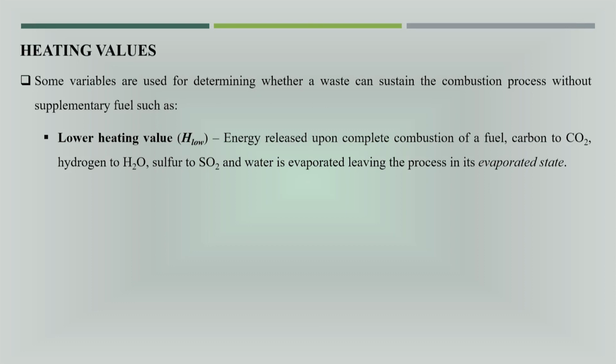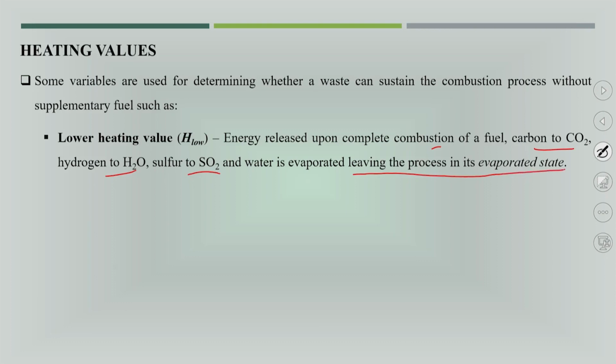Based on that, we can know, apart from the moisture, ash, and combustible percent. The lower heating value is the energy released upon complete combustion of a fuel, when carbon goes to carbon dioxide, hydrogen to H2O, sulfur to SO2, and water is evaporated, leaving the process in its evaporated state.